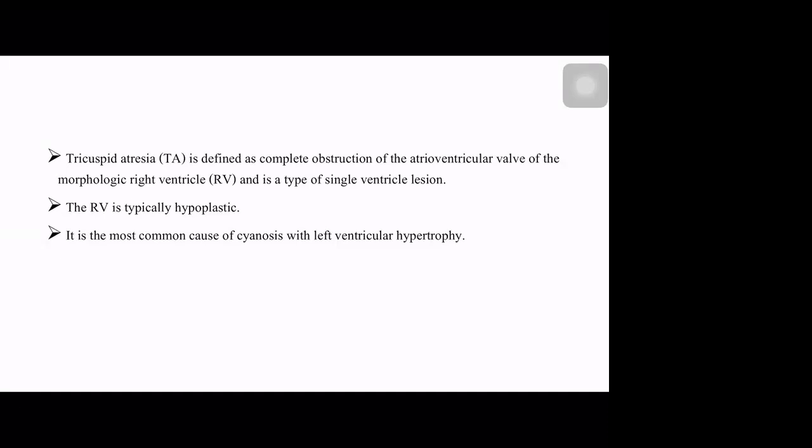One more very interesting characteristic finding is that although it is a cyanotic heart disease, there is commonly associated left ventricular hypertrophy. So a lesion with LVH and cyanosis at birth, more or less the diagnosis is tricuspid atresia.